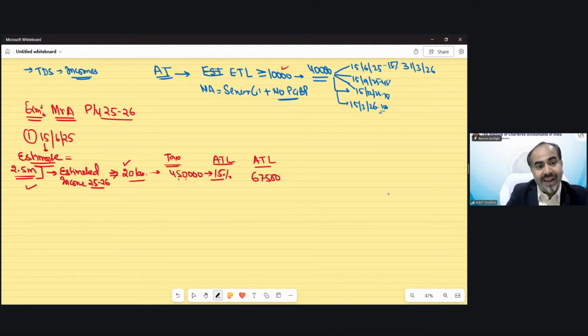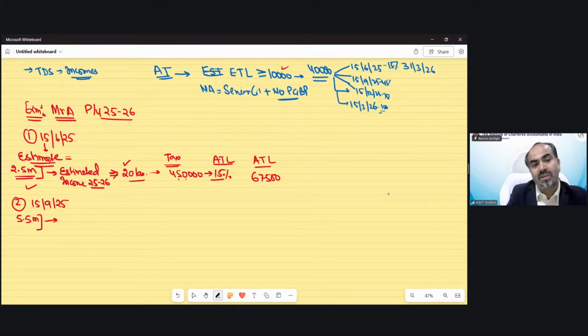Now again, the second date has been fixed as 15th September 25. Now we will have 5.5 months of actual data, because April, May, June, July, August. Now after 3 months, that means after June, now we are in September.